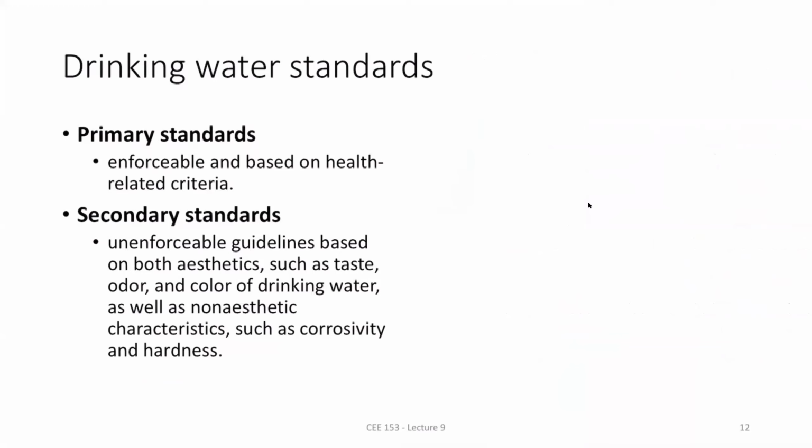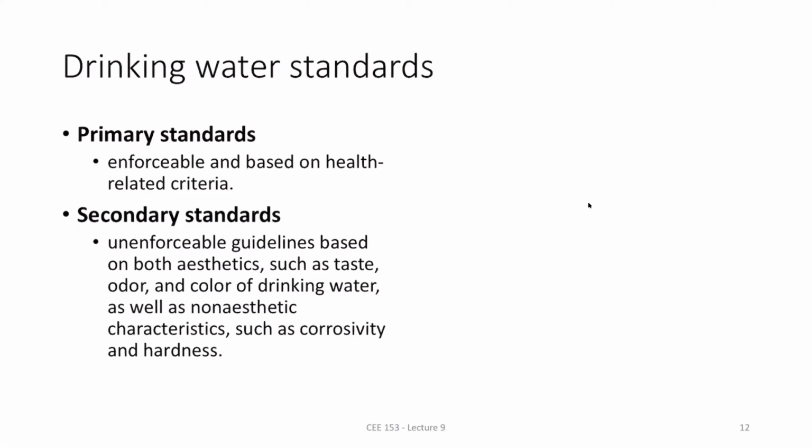Taste, odor, color of drinking water, so basically based on aesthetic characteristics. Sometimes it's also related to corrosivity or hardness. Corrosivity is about this particular class, and hardness you learn in the next class. But these are related to how effective water is for different functions.